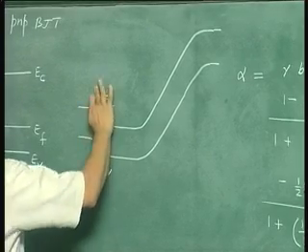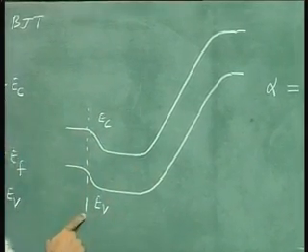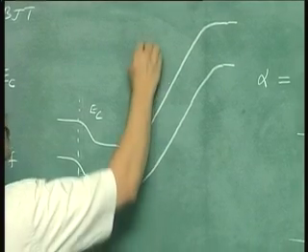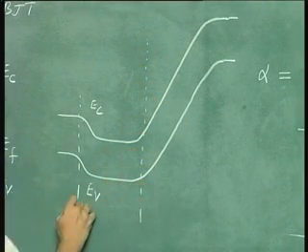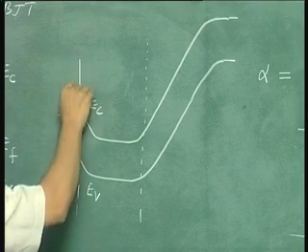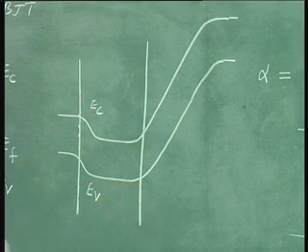So this is the emitter base junction and here you have the collector base junction. Something like this.